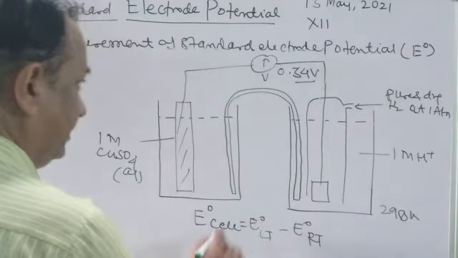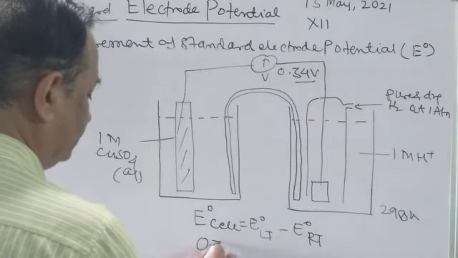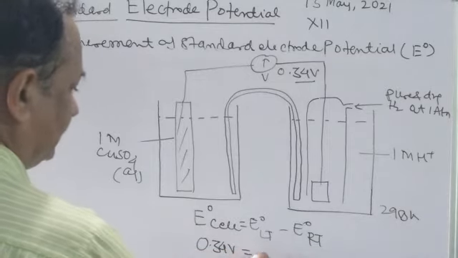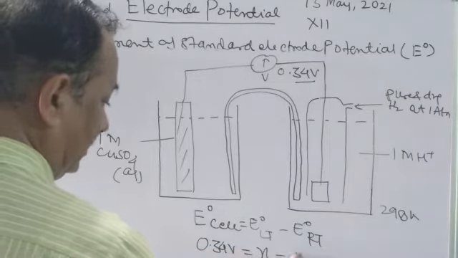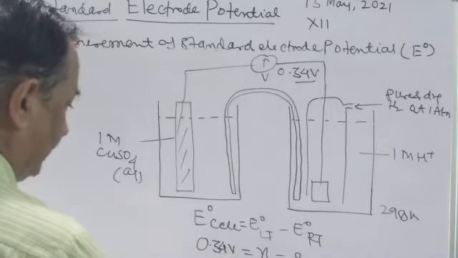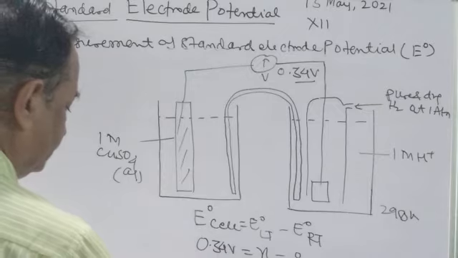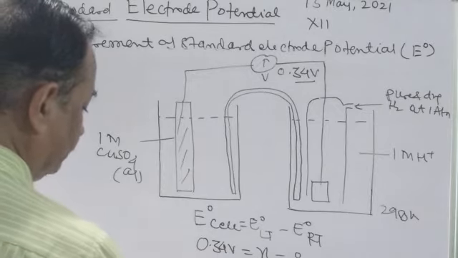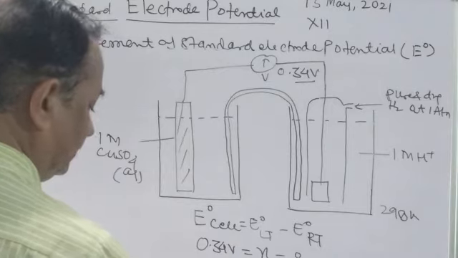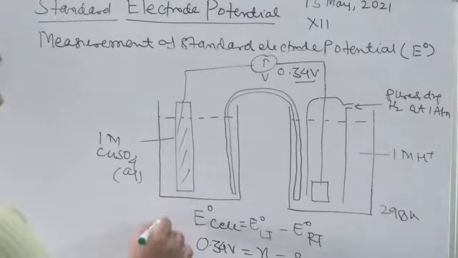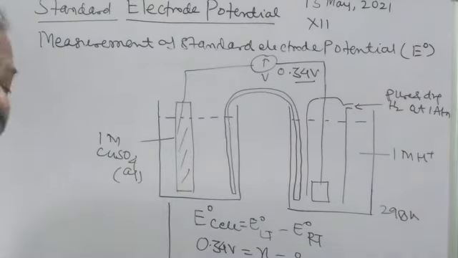So here it is 0.34 volt, and the left is unknown, and here it is 0. So the value of E of left will be equal to plus 0.34 volt. Now writing the net reaction.